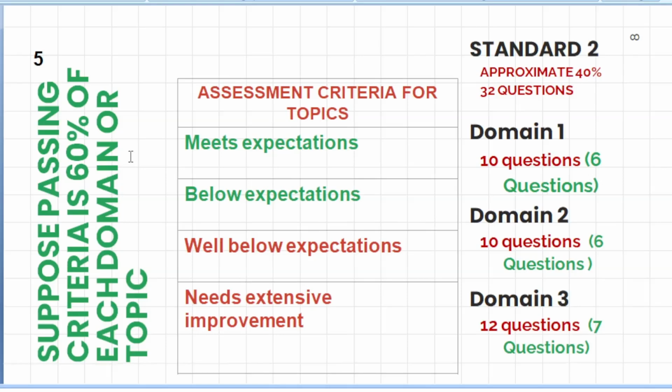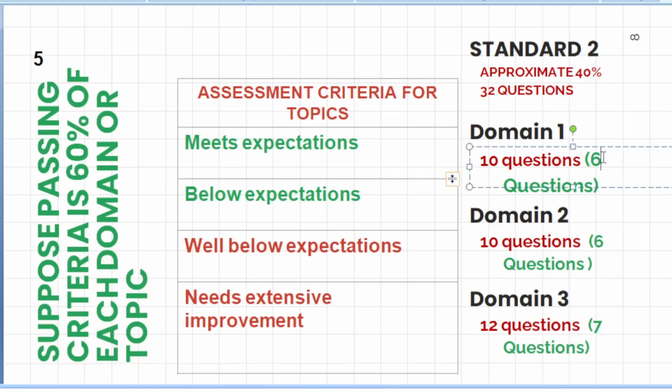For example, the percentage criteria is 60% for each domain, even for standard 2. That means you have to answer correctly 6 questions from domain 1, 6 questions from domain 2, and 7 questions from domain 3. Okay, this is one point.